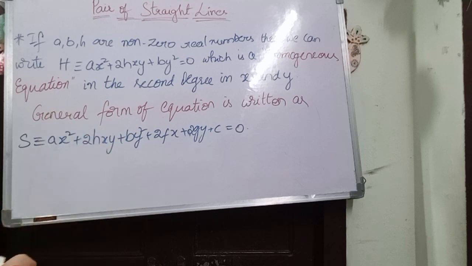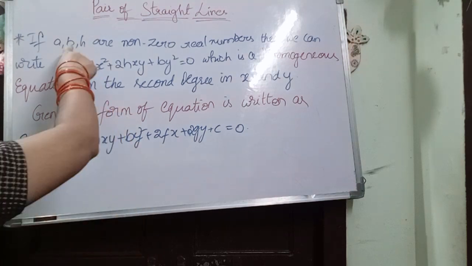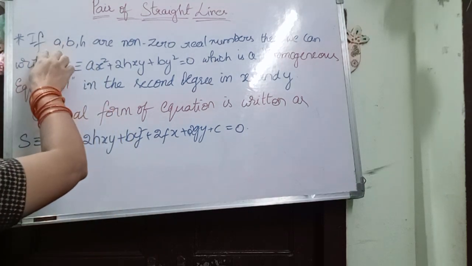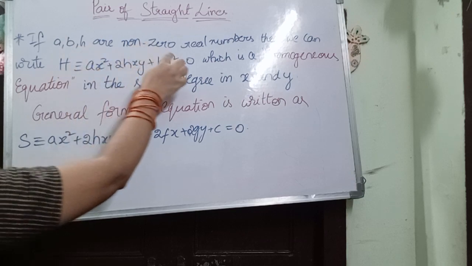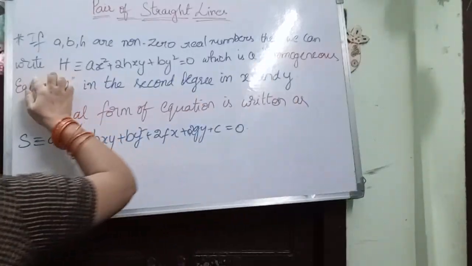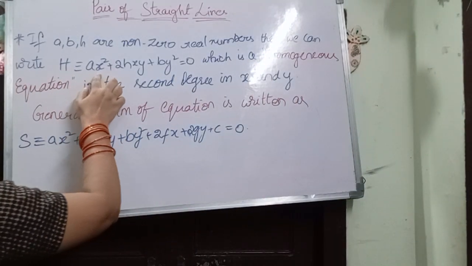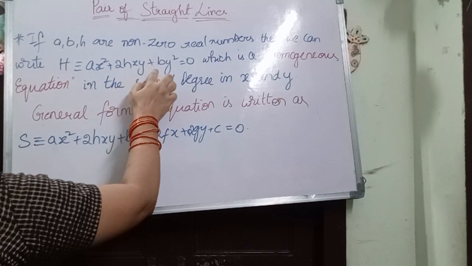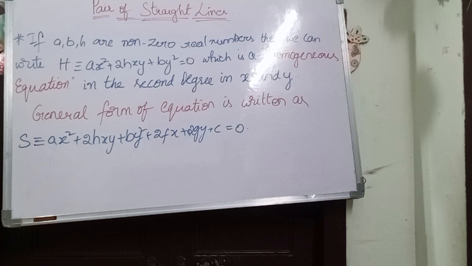So how to indicate that? See, if a, b, h are non-zero real numbers, then we can write H equals ax square plus 2hxy plus by square equals 0, which is a homogeneous equation.